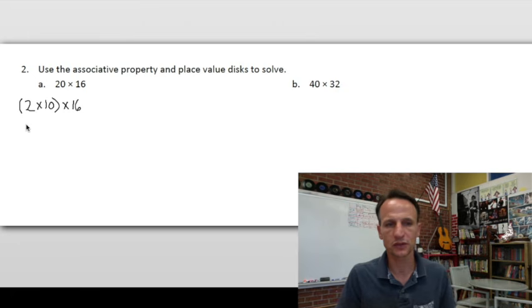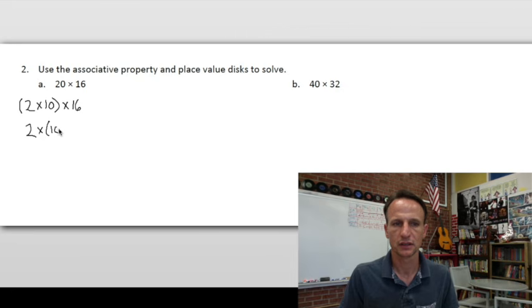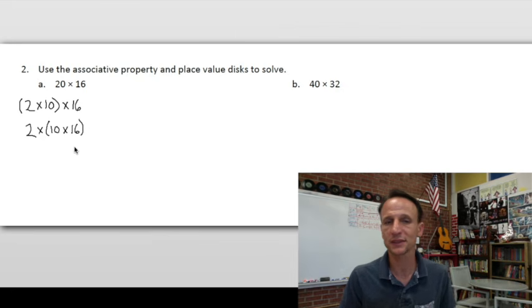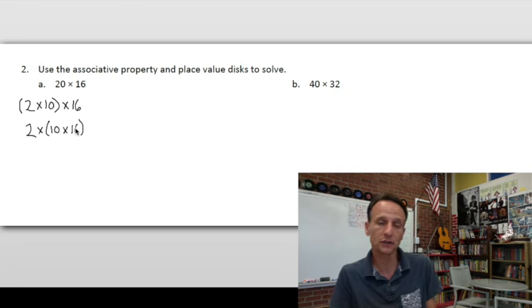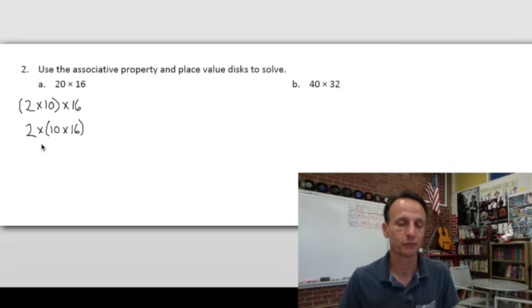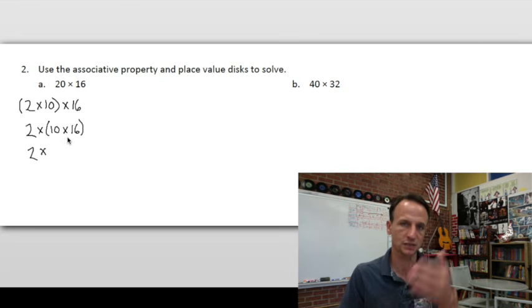Then we use the associative property to say that's 2 times 10 times 16. The whole point here is to make the multiplication easier to do and to give you a way of doing it. So that will be 2 times, well, what's 16 times 10?